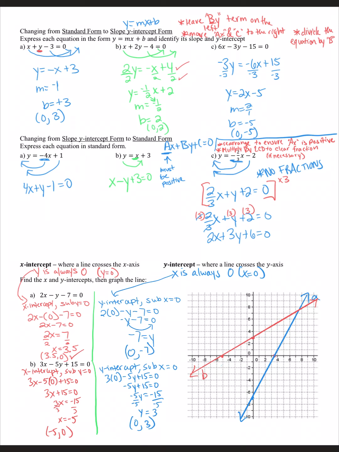There is the solution to the next one, so have a look at substituting in a 0 for our y to find our x-intercept, and then substituting in a 0 for our x to find our y-intercept, plotting those points, so negative 5, 0, and 0, 3, and then connecting those dots to make your line, ensuring that we put arrows on the ends of those because those lines go on infinitely, and I've just labeled that as line B.